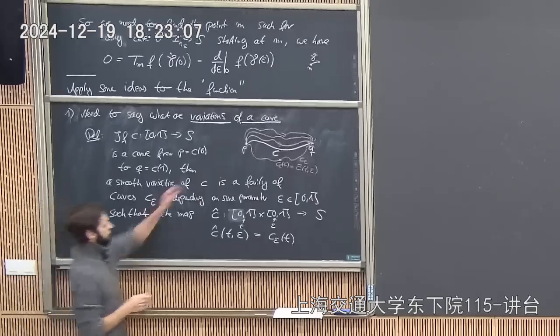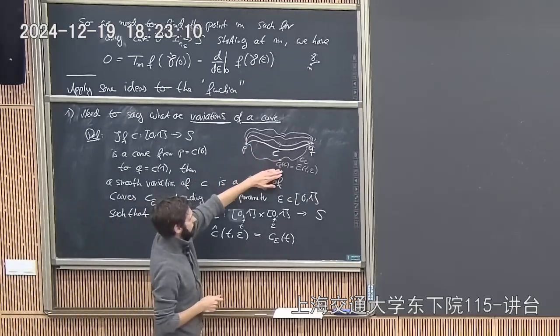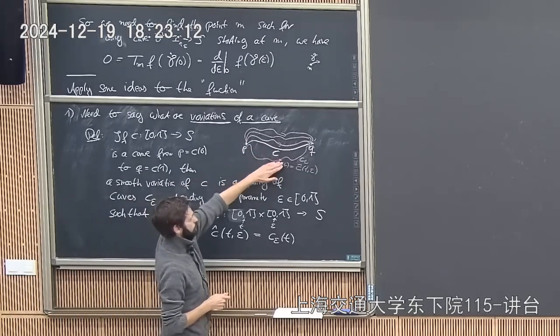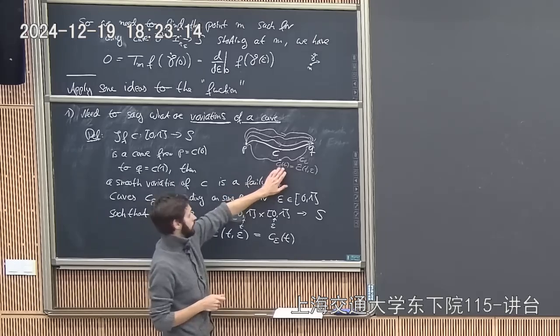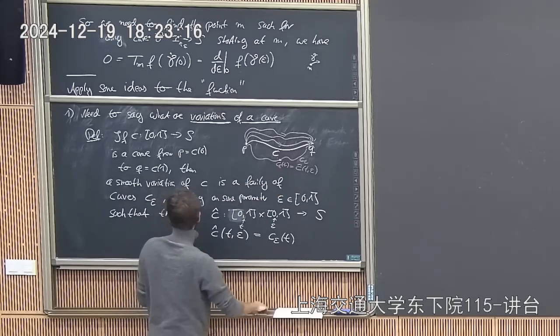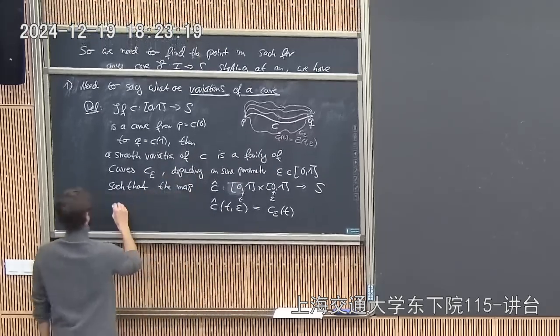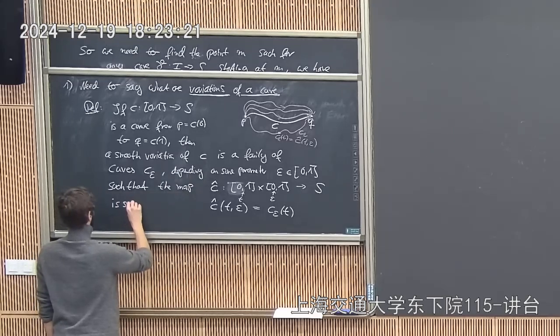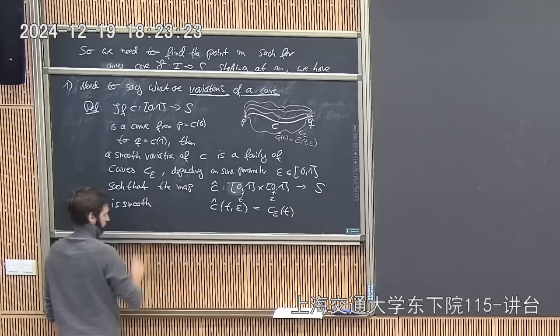So this map says we change the curve slightly, and then at which point are we; if you give it ε and a t, that map needs to be smooth.